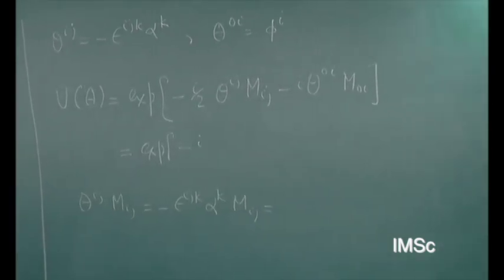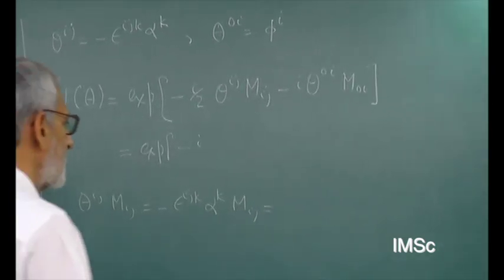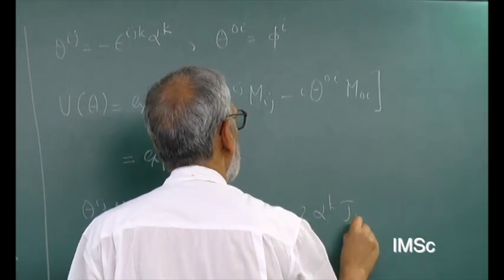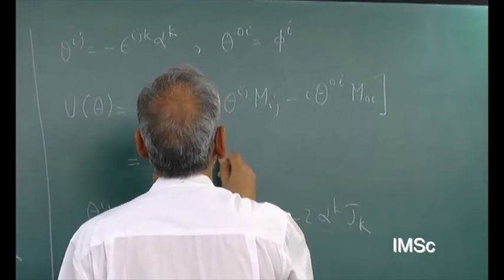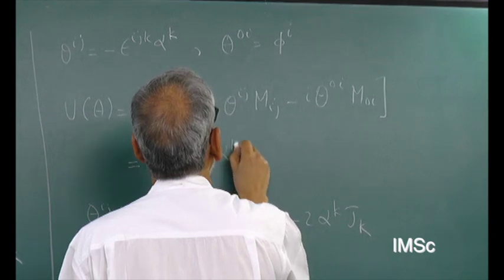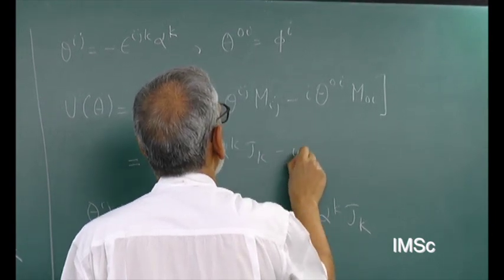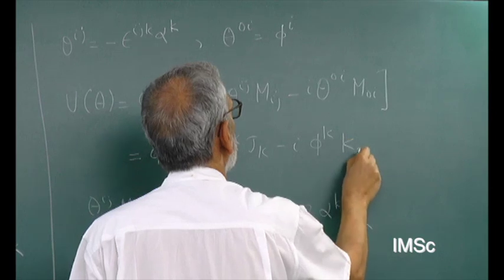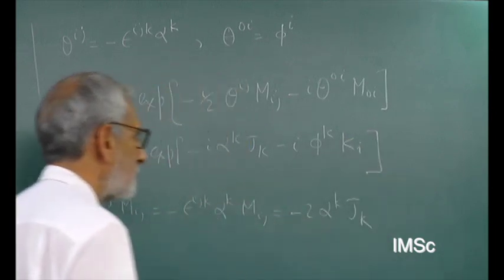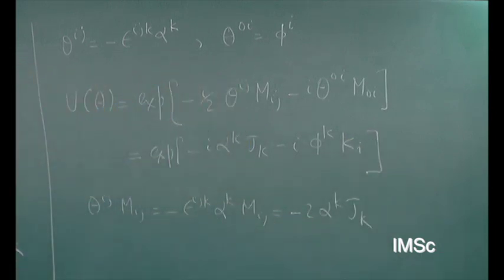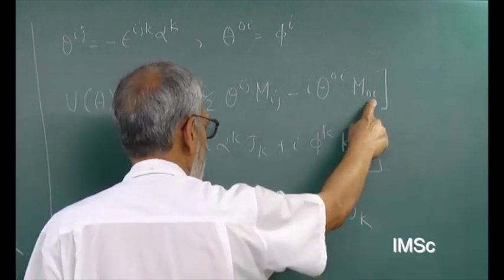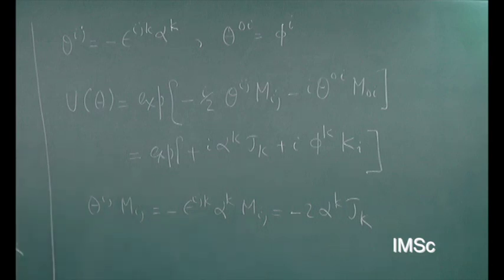Epsilon ijk Mij is Jk, minus twice alpha k Jk. So it's alpha k Jk, phi k. Now the signs I have done wrong, because why? This is a minus here, this should be plus, and this should be plus, because this was defined with a minus sign here.